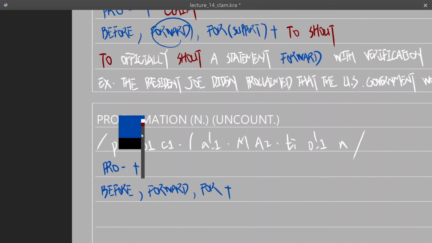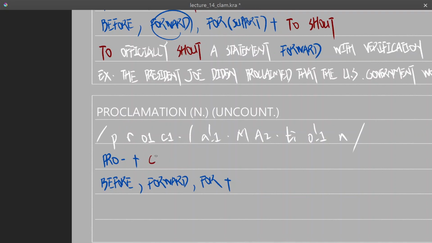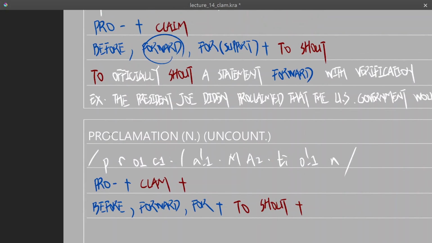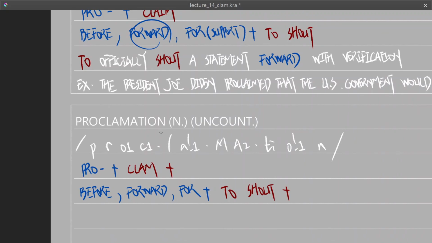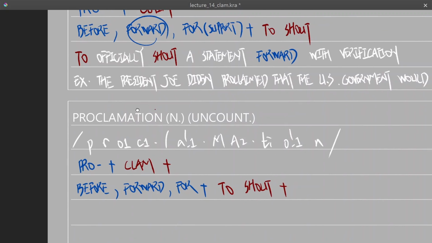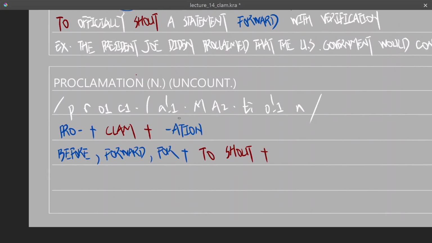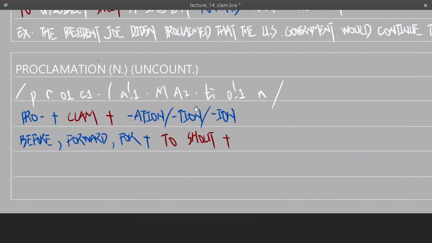And we have the root, claim, meaning to shout. And we have the noun suffix, ation, with variants shun or ion, meaning state, condition, process, or result.